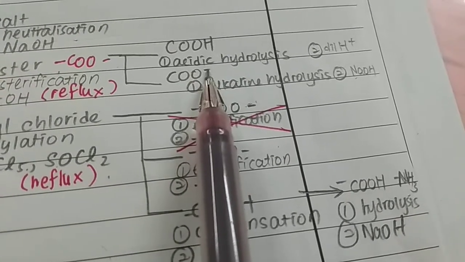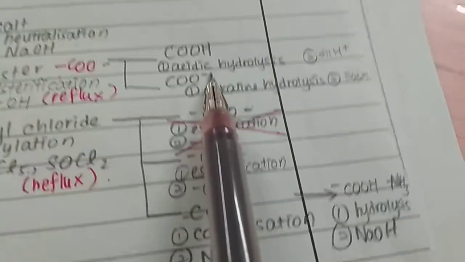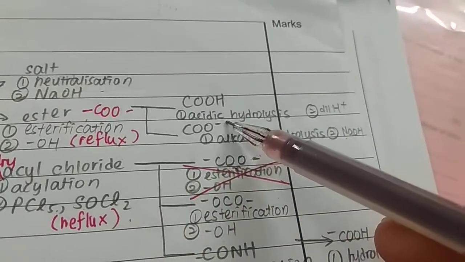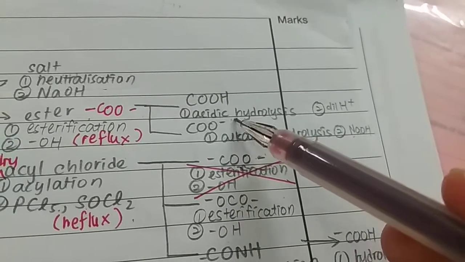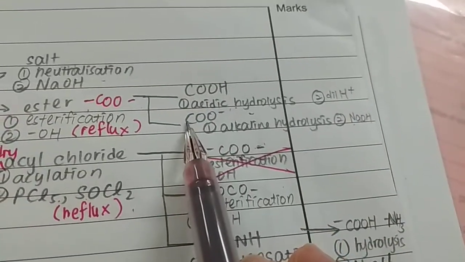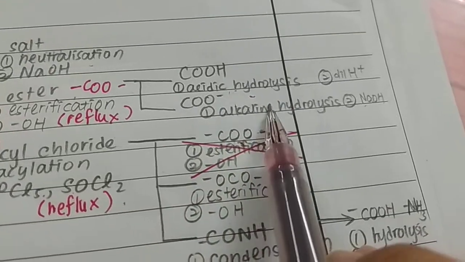This is the negative part of COO, because next to it there will be an unseen Na+. I just don't write it because that would be very confusing. But remember, the end products are actually COO- and water, H2O.